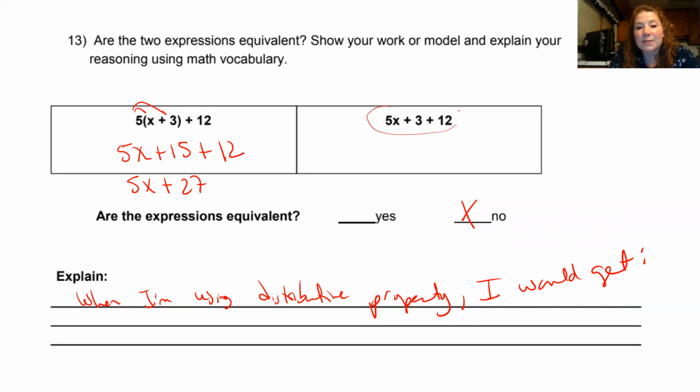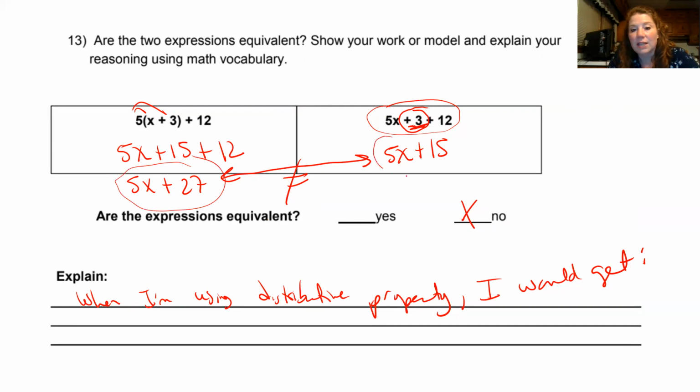Well, the second expression, if I combine like terms, I get 5x plus 15. These are not equal, right? So basically what happened is this middle term did not distribute that 5 to the 3, okay? So I would explain why these are not equal by using the distributive property.